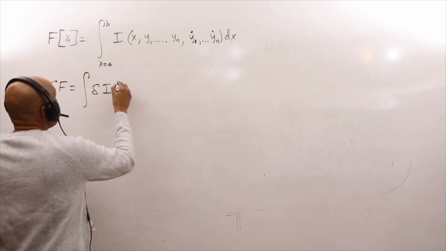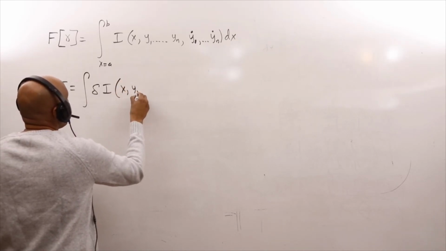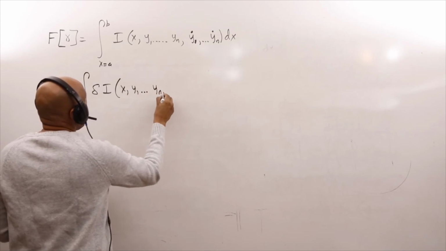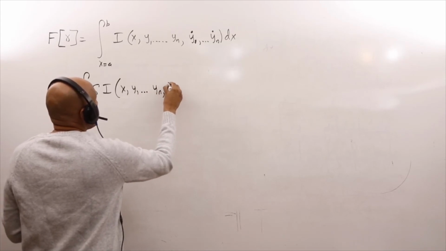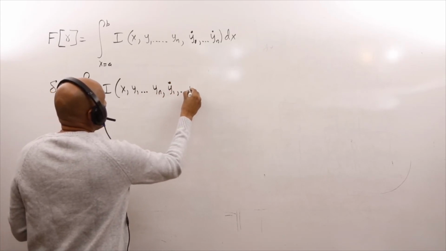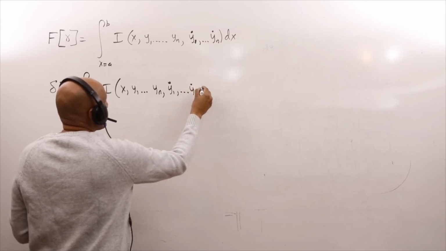So anyway, this is the variation of f of x, y1, all the way to yn, y1 derivative, yn derivative. Remember, the dot represents the derivative in x.